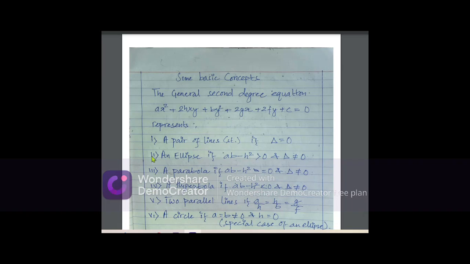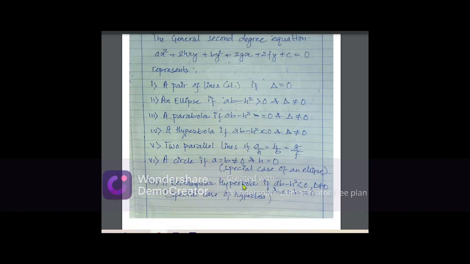Here ax square plus 2hxy plus by square plus 2gx plus 2fy plus c equals 0 is the general second degree equation, and it represents a pair of lines if the determinant delta equals 0, an ellipse if ab minus h square is greater than 0 and delta does not equal 0, or a parabola if ab minus h square equals 0 and delta does not equal 0, or a hyperbola if ab minus h square is less than 0 and delta does not equal 0.